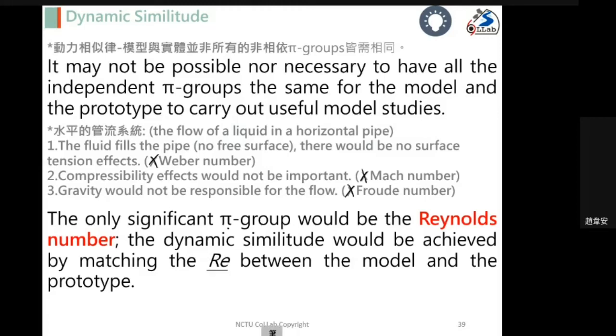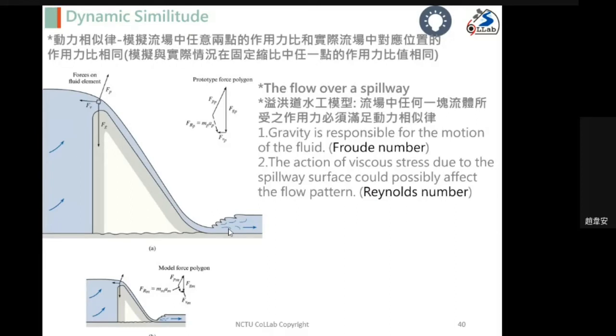So what does this mean? This is one of the exercises we would like to introduce: how to use the Reynolds numbers to satisfy the dynamic similitude, or how to use the Froude numbers to satisfy the dynamic similitude.